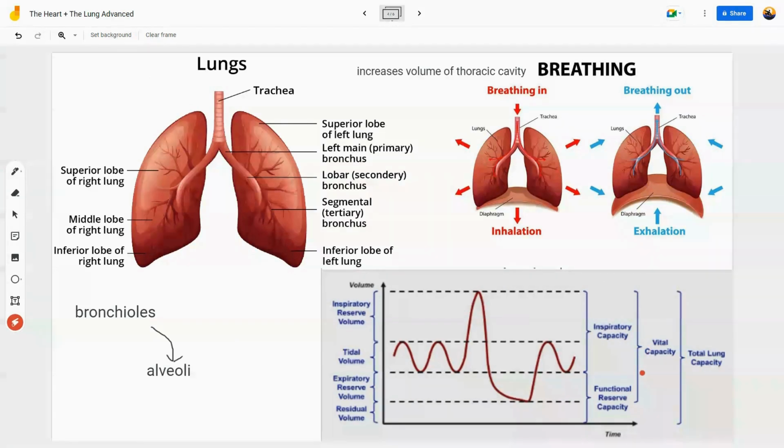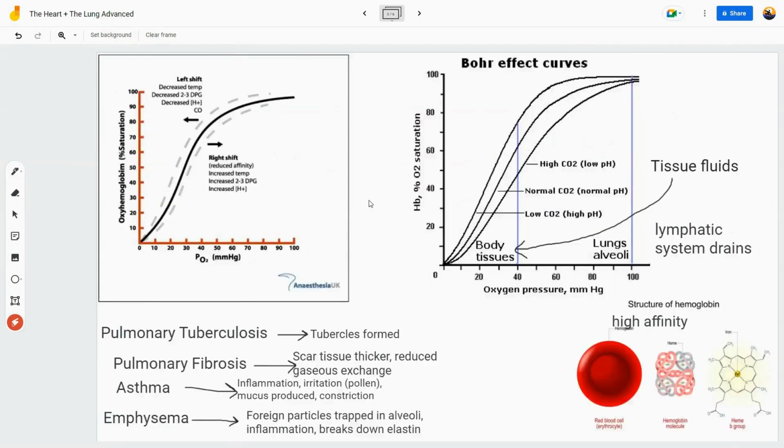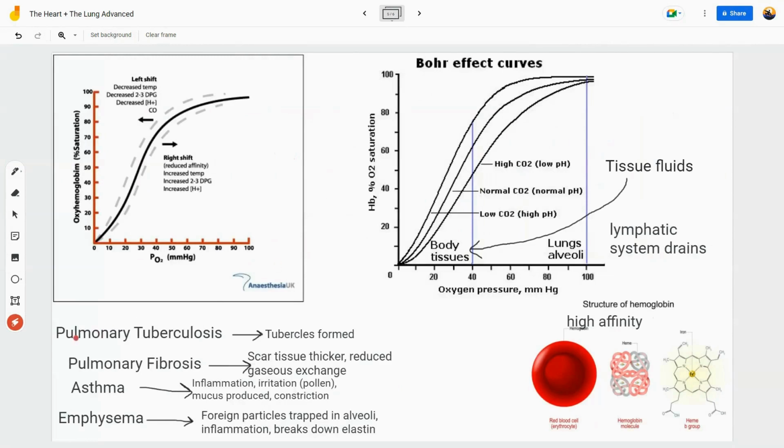Lung diseases. Pulmonary tuberculosis, TB. When someone becomes infected with TB bacteria, immune system cells build a wall around the bacteria in the lungs to form small hard lumps called tubercles.